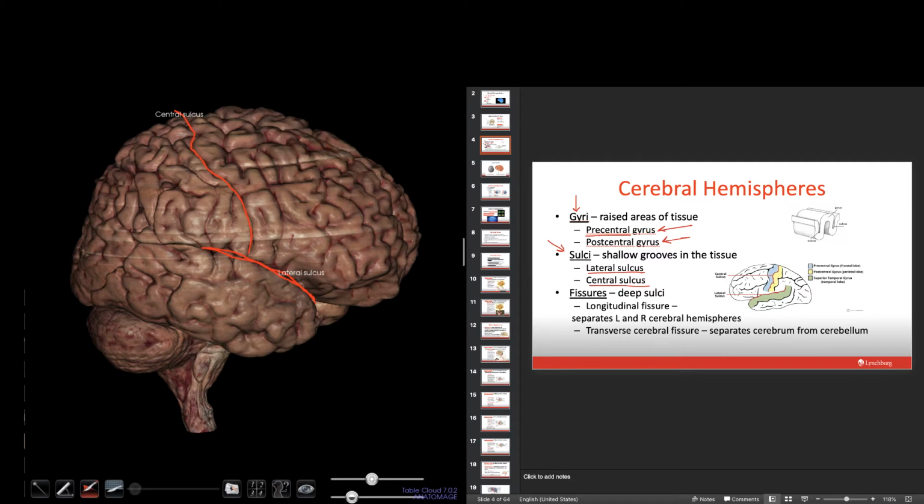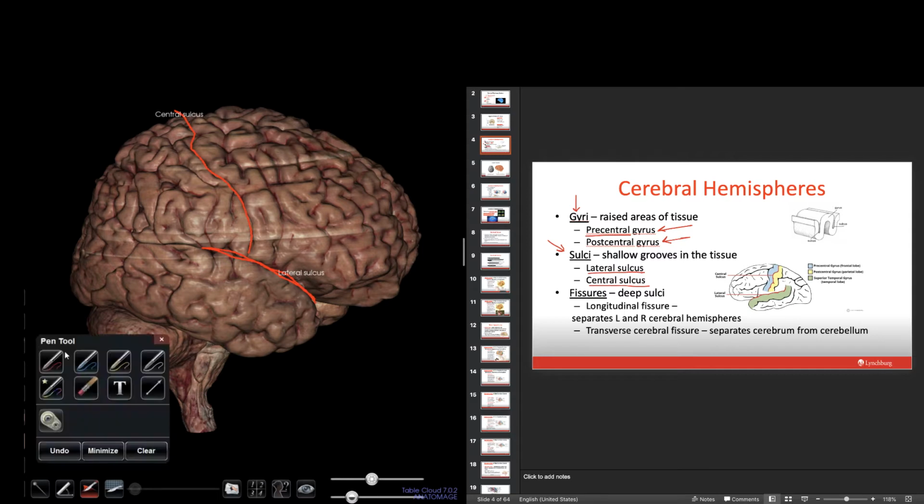So if we look here, we're going to see that we have a raised area of tissue here that basically travels all the way down just in front of that central sulcus. Okay. This is going to be my precentral gyrus.